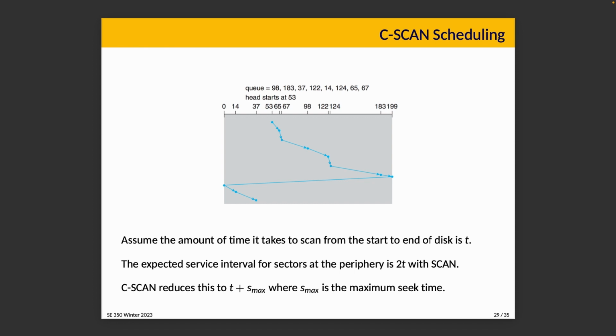That's not equitable, because if you're in the center, the service time is a lot more like t. CScan reduces this and makes it more equal, so that the time is t plus s max, where t is the scan time from bottom to top, plus s max is the maximum seek time, i.e. the size of that big jump from the end of the disk back to the beginning.